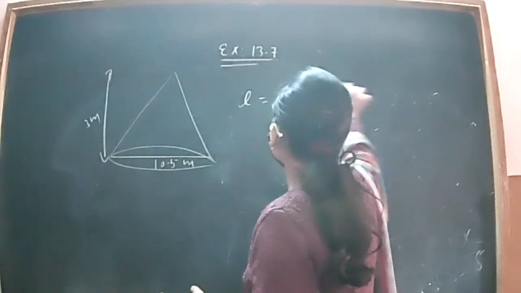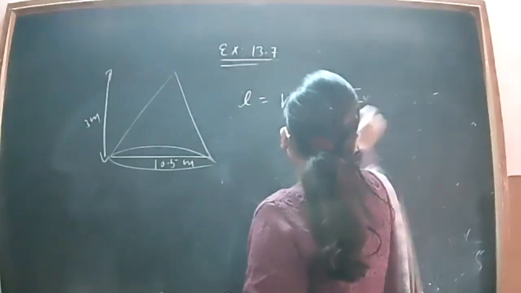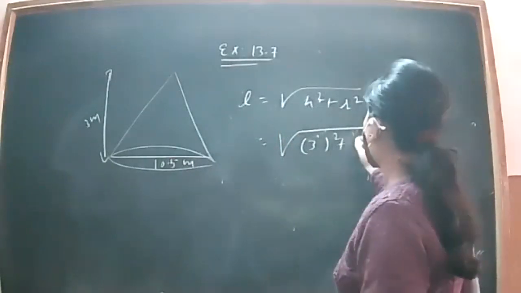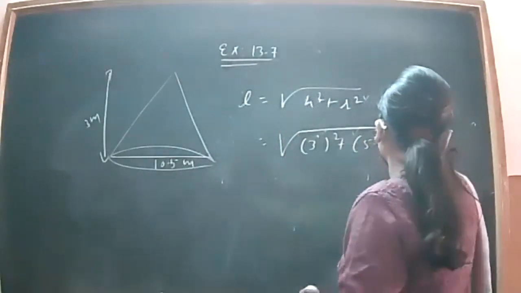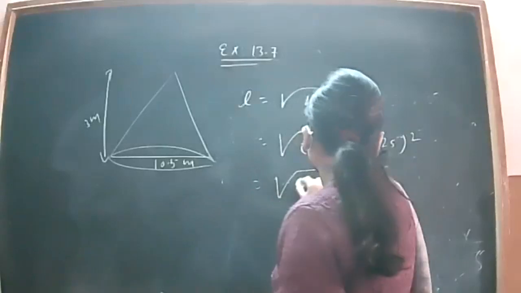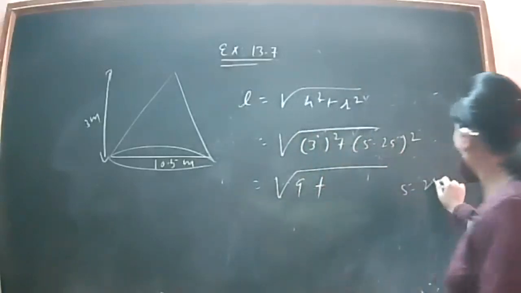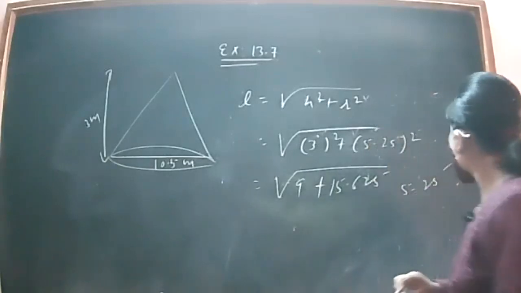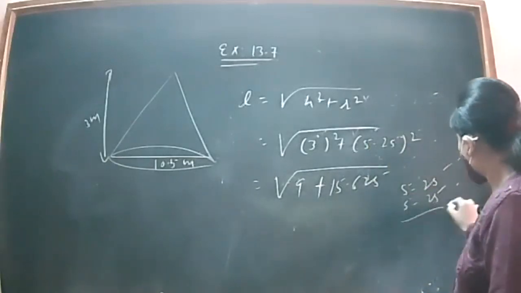So L is equal to square root of h square plus r square. So this is h square, 3 square, and r, 5.25 whole square. So this is 9 plus 5.25 square. I think it will be 15.625. Let me see, एक बार देख लेते हैं.